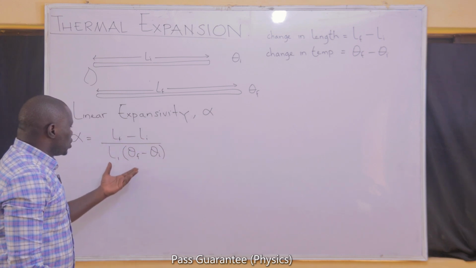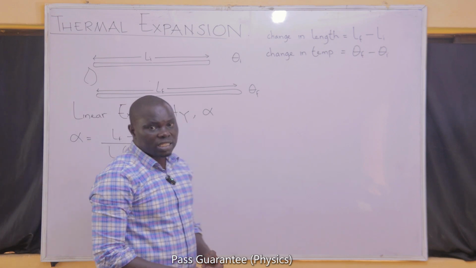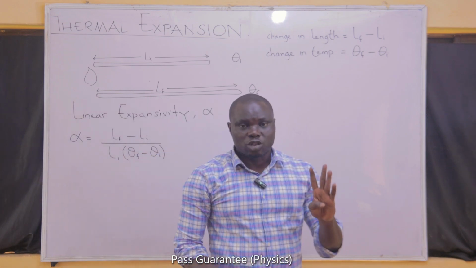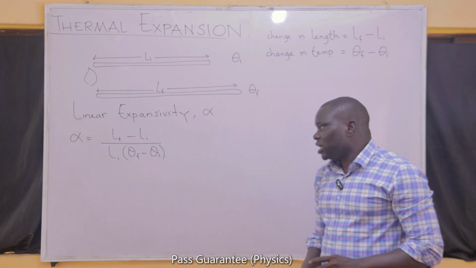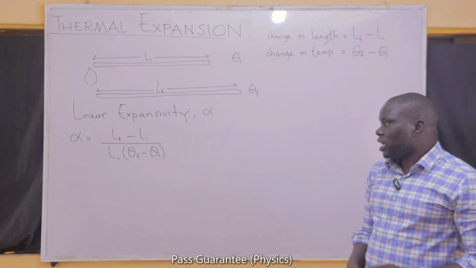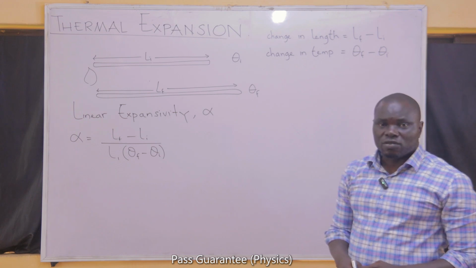When you check through the total number of quantities that I've used to get the linear expansivity of that material, there are just 4: final length, initial length, final temperature, initial temperature. And that should give me the linear expansivity of the material.